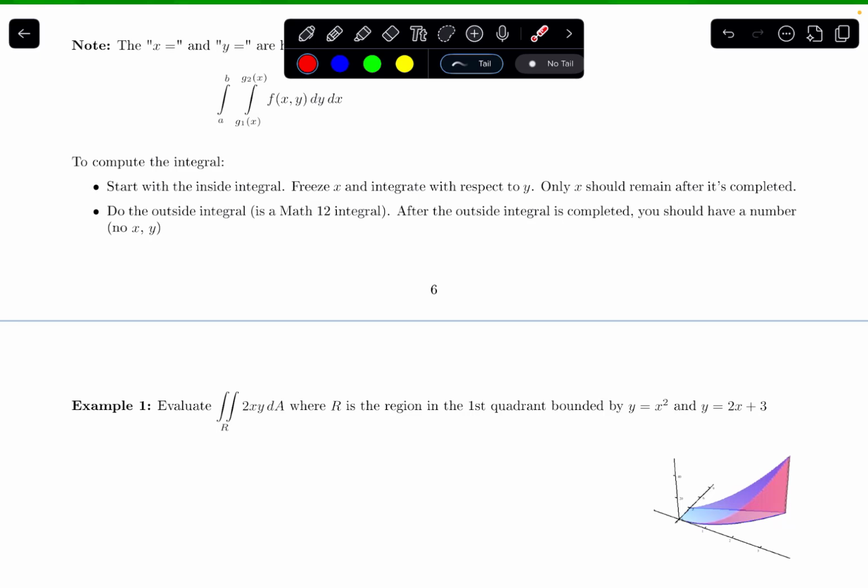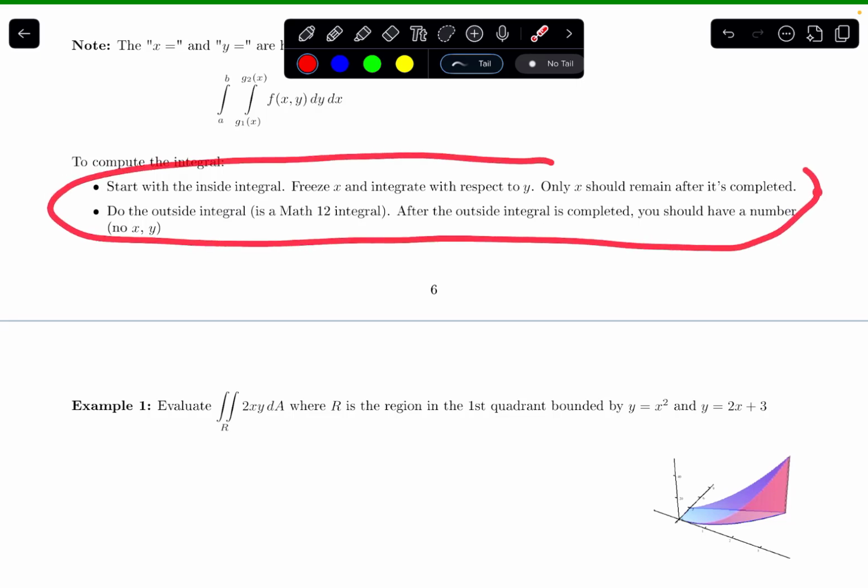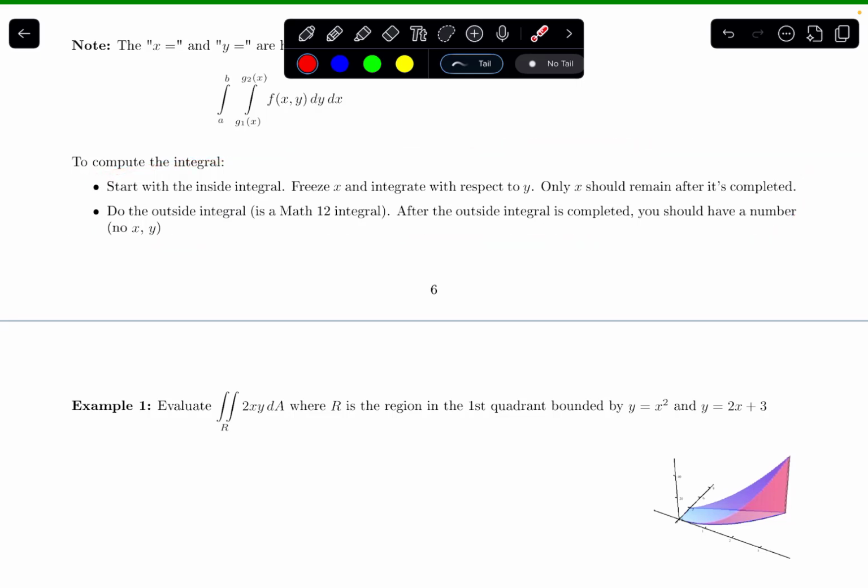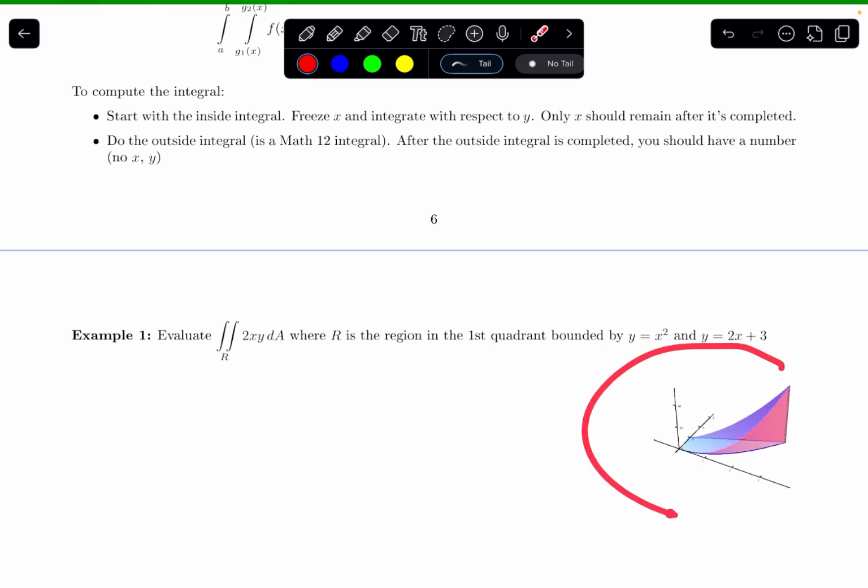Okay, so the problem says let's evaluate this double integral where this base region R is the region in the first quadrant bounded by these two curves. And as we do this, I'll come back and talk about these steps that it mentions on the previous page. Okay, so I have this 3D picture where I have my x-axis here, the y-axis, and the z-axis. This curve y equals x squared, my parabola, is here.